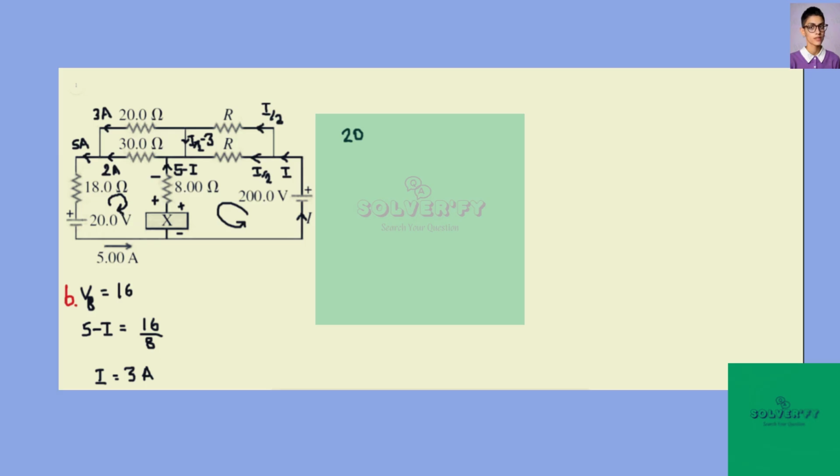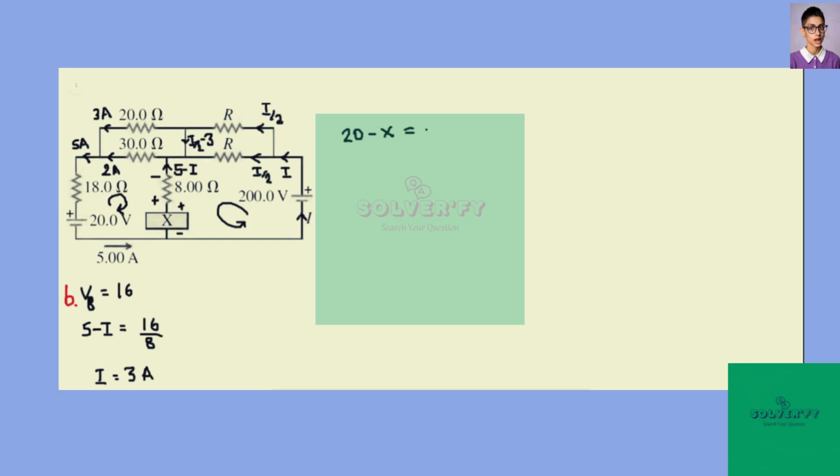As we consider x to be positive upwards, the positives are facing each other, so x should be negative, so 20 minus x should be equal to the potential drops along this loop, on 18 ohm, 30 ohm and 8 ohm. For all of them, the currents are against the loop.